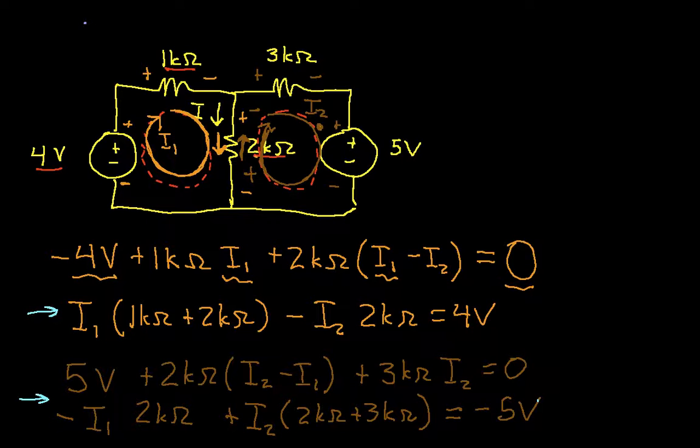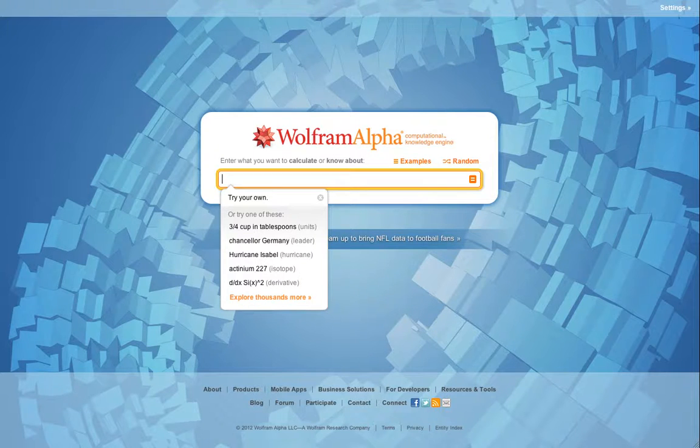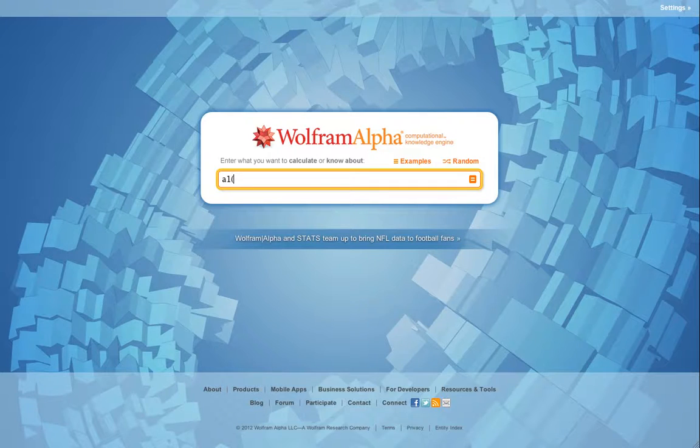Okay, so the first equation will be I1 times 1K ohm plus 2K ohms, minus I2 times 2K ohms. I'm going to change this from I1 to just A1, because Alpha tends to think of I as the square root of -1.